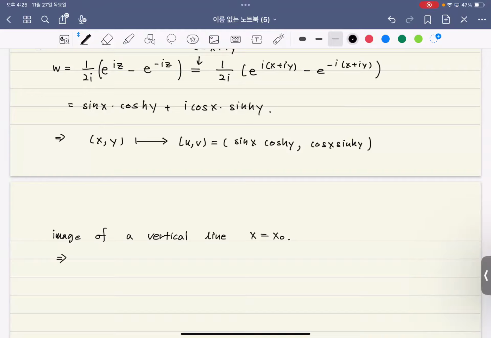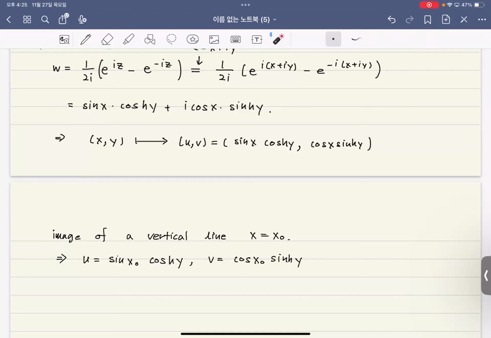Then u is sine x0 times hyperbolic cosine y, and v is cosine of x0 times hyperbolic sine of y.